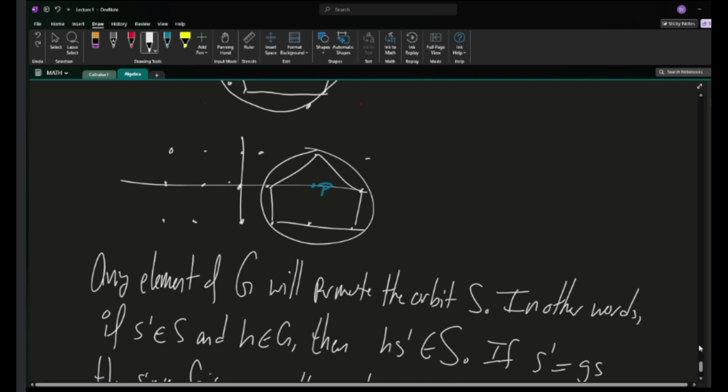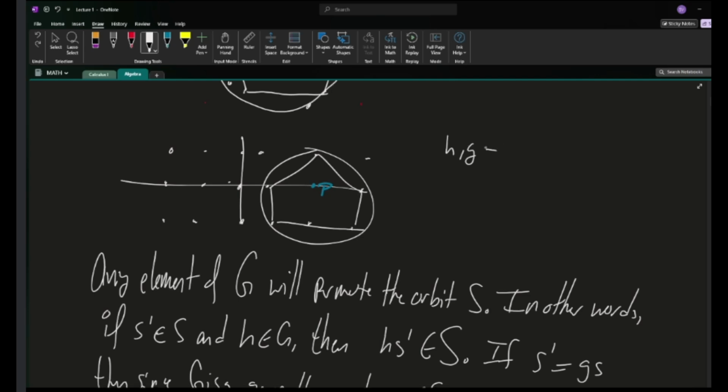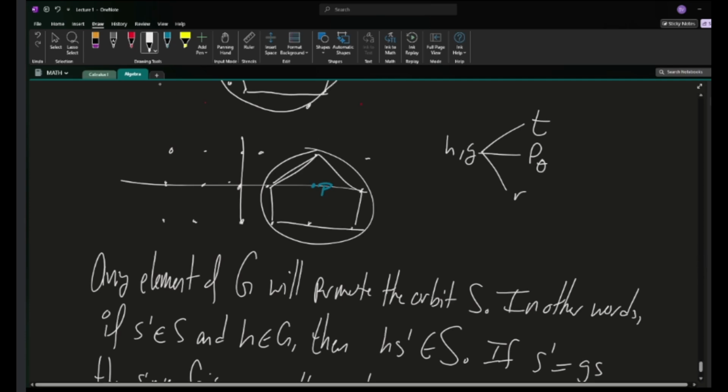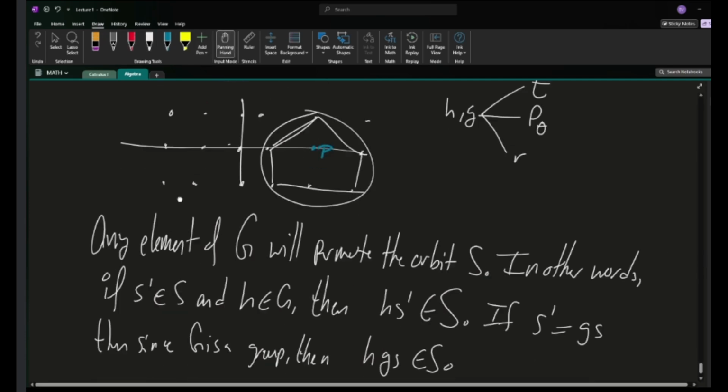So given that H and G can be either a translation, a rotation, or a reflection, we're computing all these values of theta around this orbit with all the values of G in this rotation or in this area itself.